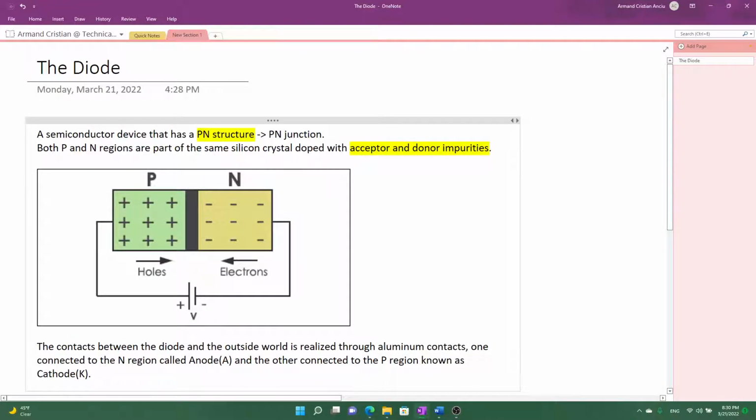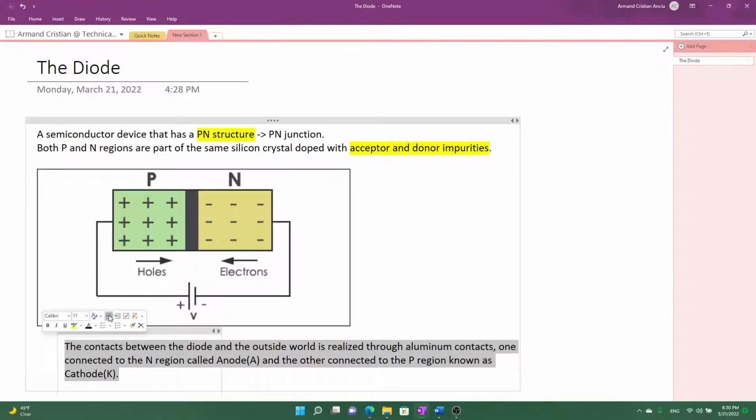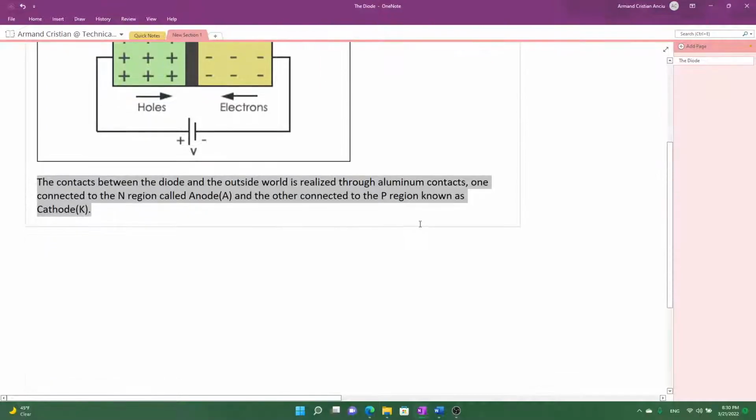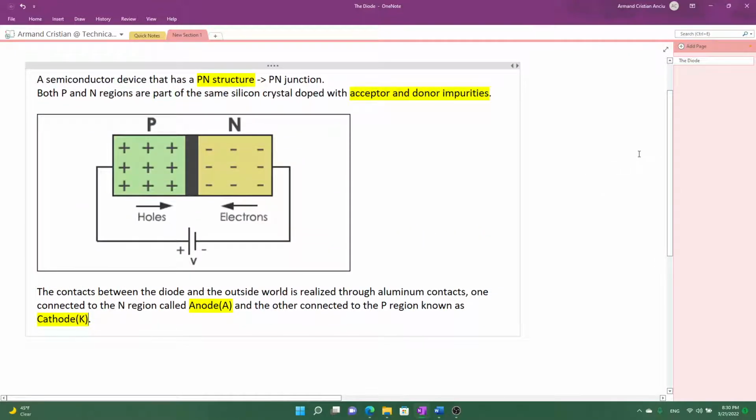Okay, so this is another very important detail about the diode, namely the anode and the cathode. So basically, we can say that the diode is a two-terminal device because it has an anode and a cathode.